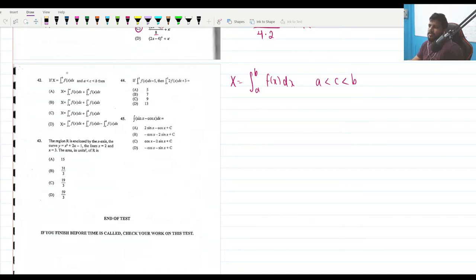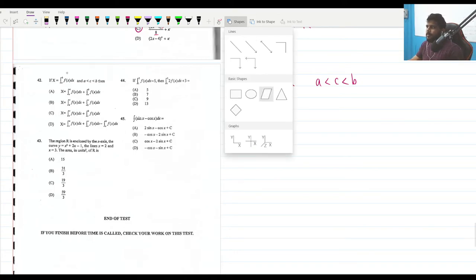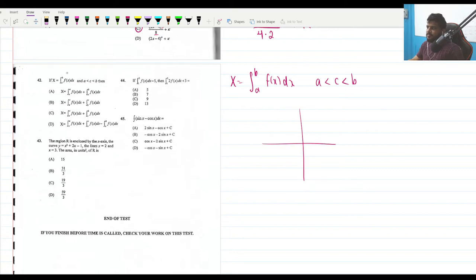Let me put this into perspective a little bit. I have a graph, and this is the graph for f of x. Now, I'm using this condition here. a is less than c, so a will be somewhere here, c will be somewhere here, and b I'm going to put here.